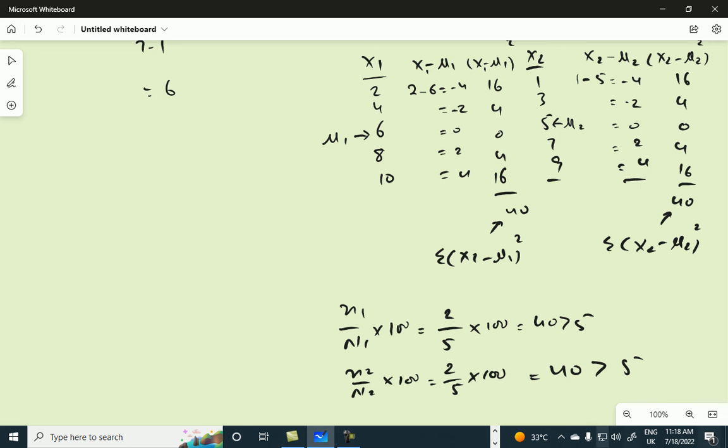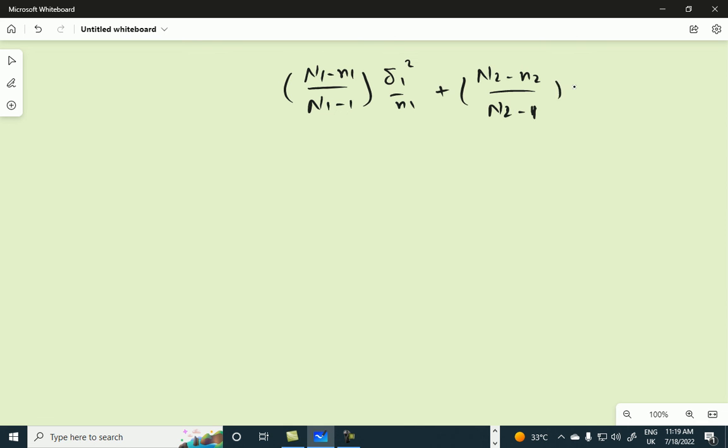So, the right hand side is (N1 minus n1) divided by (N1 minus 1) into sigma 1 square divided by n1, plus (N2 minus n2) divided by (N2 minus 1) into sigma 2 square divided by n2. 5 minus 2 divided by 5 minus 1 into 8 divided by 2.